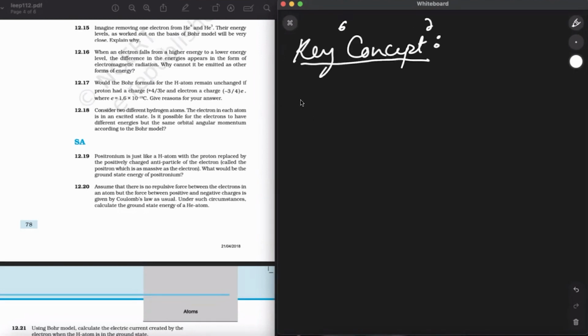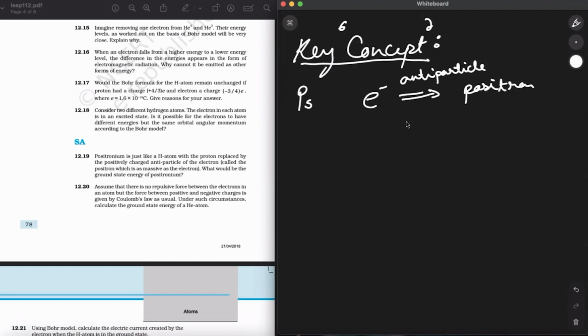So positronium can be written as PS. It is a system consisting of an electron and its antiparticle, which is called a positron. So the antiparticle of the electron is called a positron.